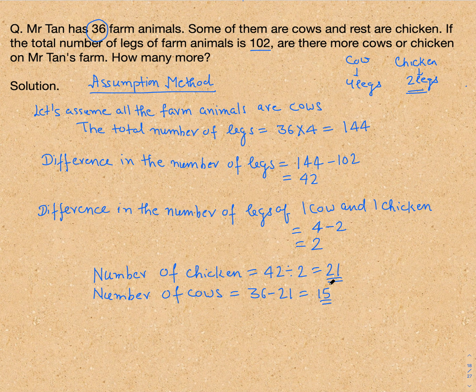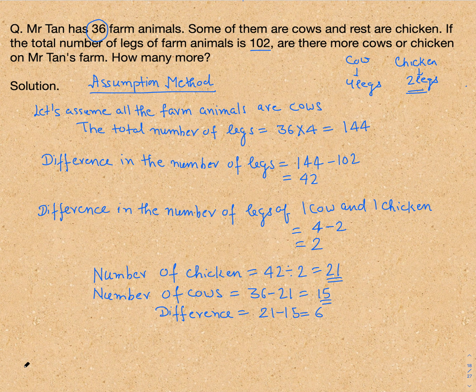Which is more? Obviously the number of chicken. Now how much more? Let's find the difference: 21 minus 15 gives you 6.